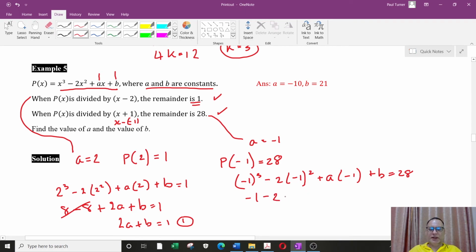Minus a plus b equals 28. So this would be minus 3. You'll get 31 on that side. So minus a plus b is 31. Equation 2.